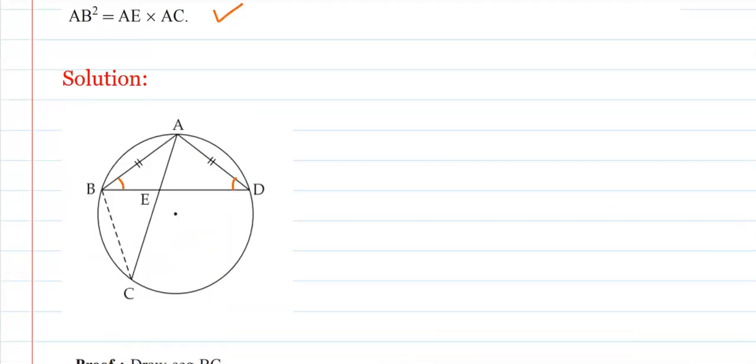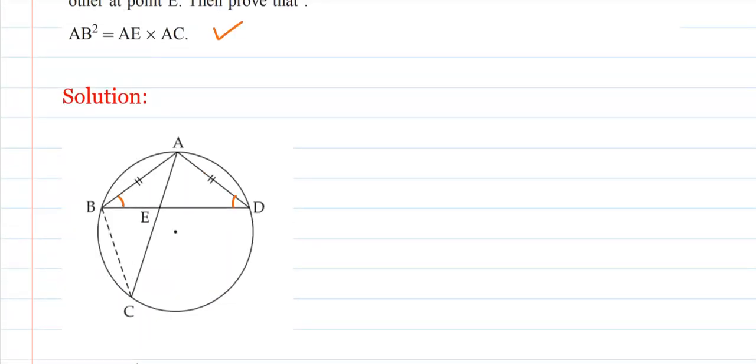It means that these two angles, angle ABD and angle ACB, are inscribed in the same arc. Therefore, they have the same measure. That means both will be the same. But these two angles are equal.